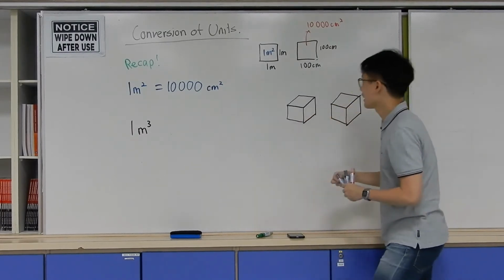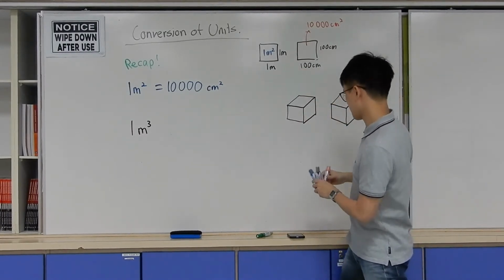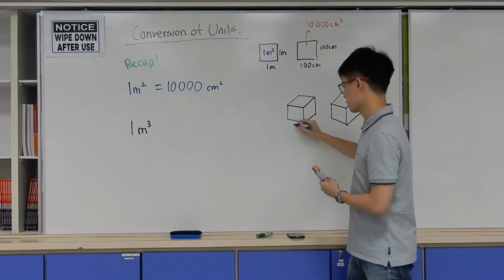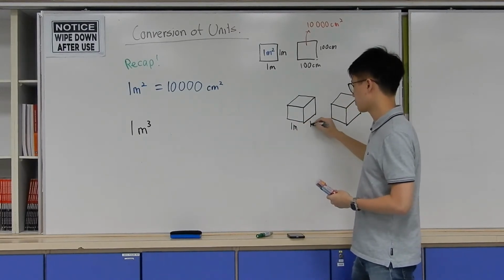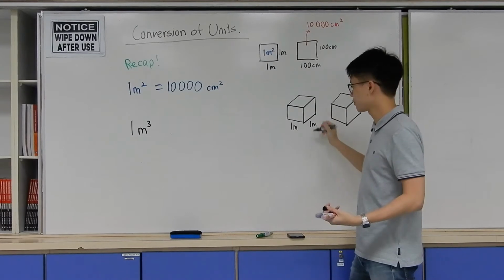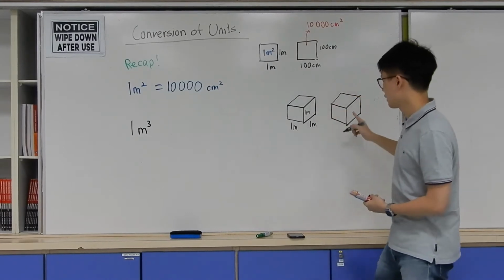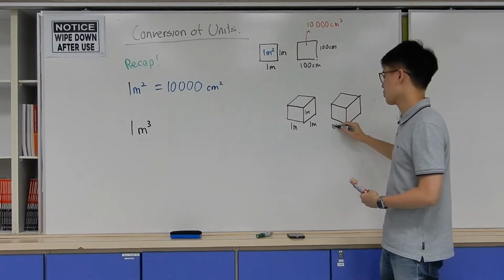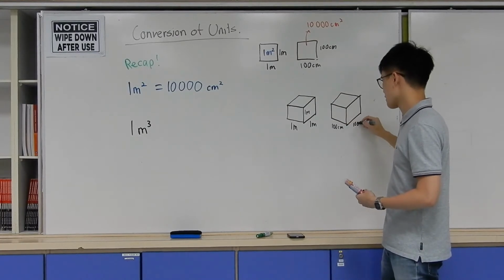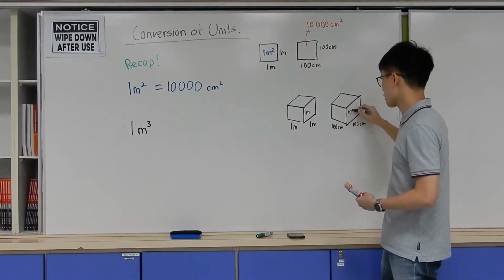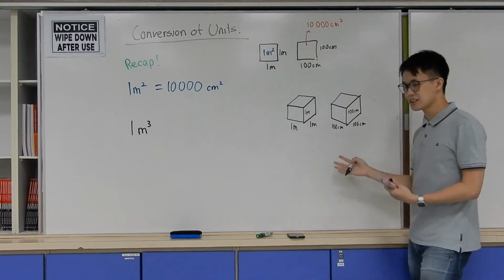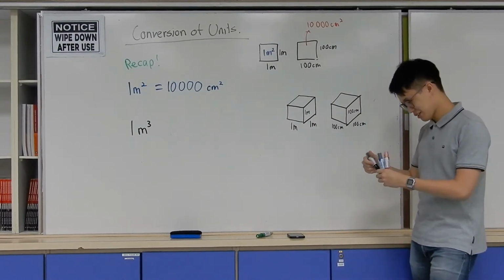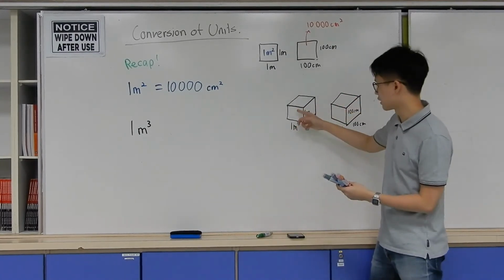I'm going to have this one denoted in meters. So this is 1 meter length, 1 meter breadth, and 1 meter height. For this one, instead of meter, I have it in cm: 100 cm, 100 cm, and 100 cm. Technically they are both the same, right? So how do I get the volume here?